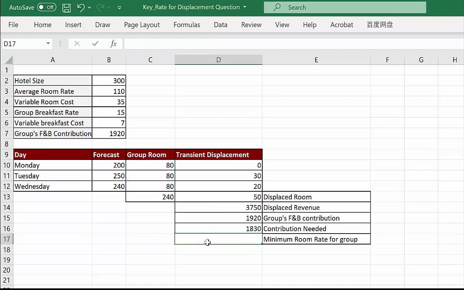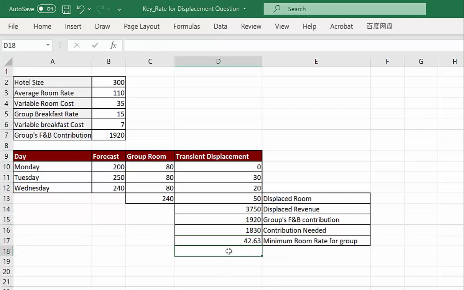So for each day, the minimum room rate will be 1830 divided by 240 and plus the variable room cost, $35. And we get 42.36. This is the minimum room rate we need to make up the loss from displacing the transient guests.